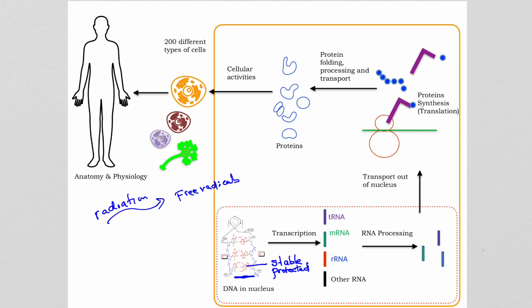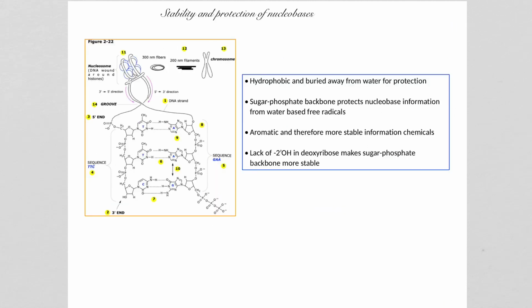These free radicals can attack anything, and if the DNA is nearby, they can attack the DNA and change this information, and that can lead to all kinds of pathological problems. So it is very important that we need to have stable and well-protected information. So what are the features in DNA that make this information stable and well protected?